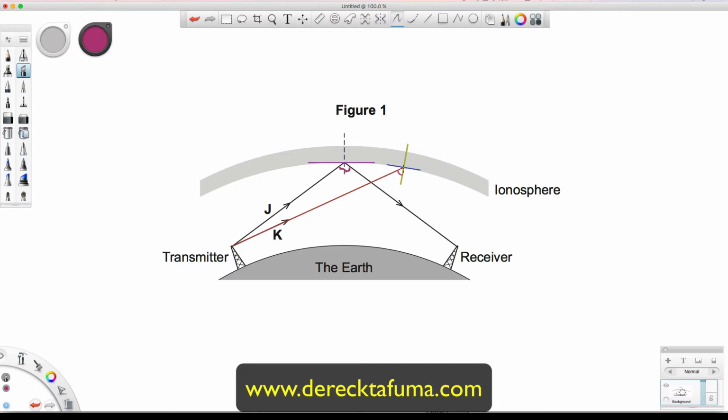So we need to get the line drawn from here and make sure that the angle is about the same as the other one. And as you can see, it's going to totally miss the receiver. So that's the angle. So these two angles are equal.